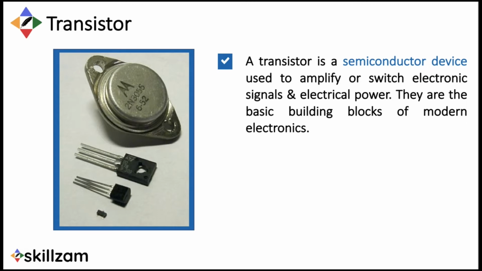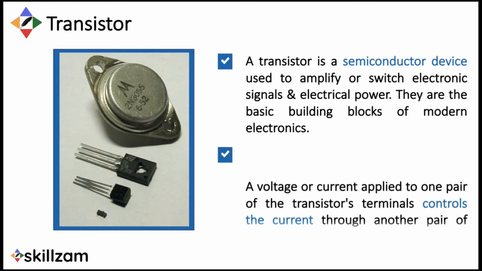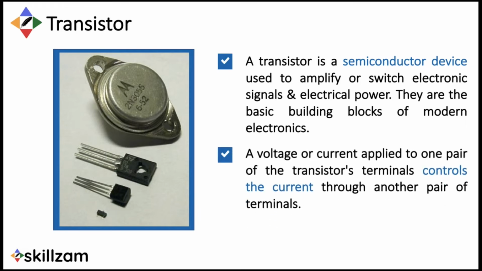Now the question is, what is a semiconductor? Well, a semiconductor material has an electrical conductivity value falling between that of a conductor and an insulator. The second generation of computers were based on transistors, whereas the first generation was mechanical and vacuum tube computers.